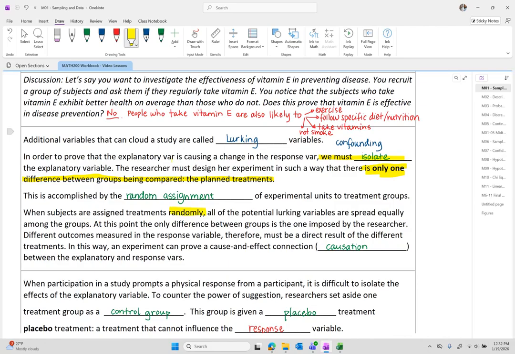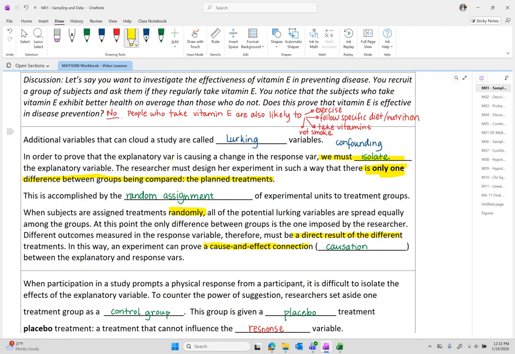At this point, the only difference between the groups is the one imposed by the researcher. Different outcomes measured in the response variable, therefore, must be a direct result of the different treatments. In this way, an experiment can prove a cause and effect connection.